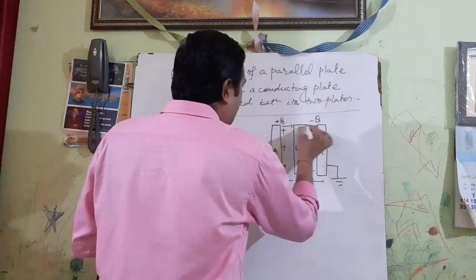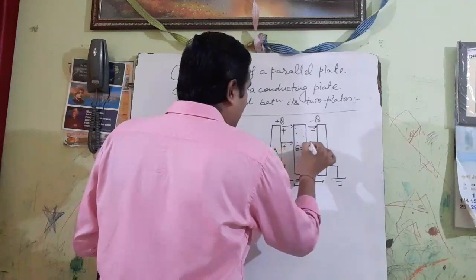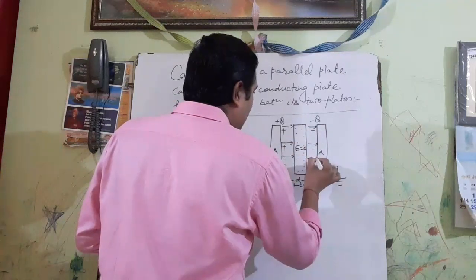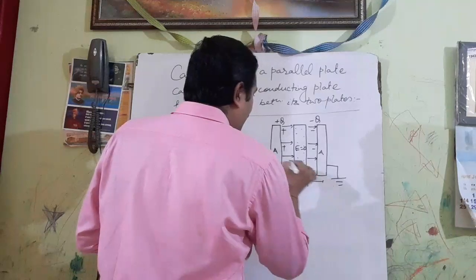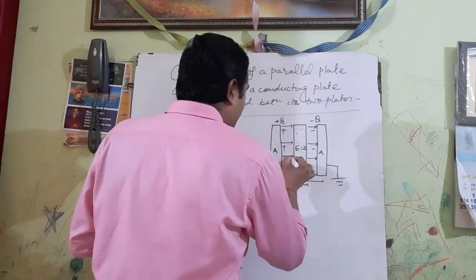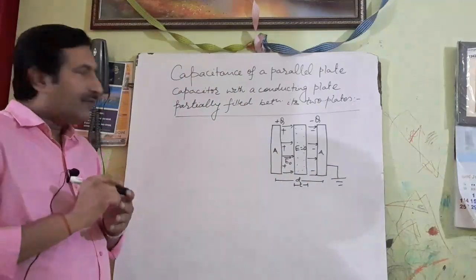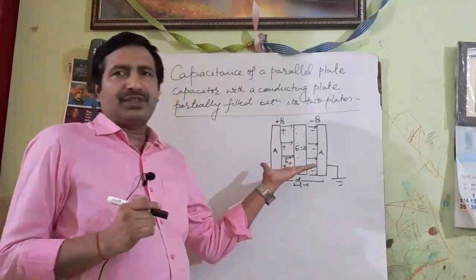But in the free space, the electric field exists, and the value of this electric field is E naught. From this, what can you conclude?